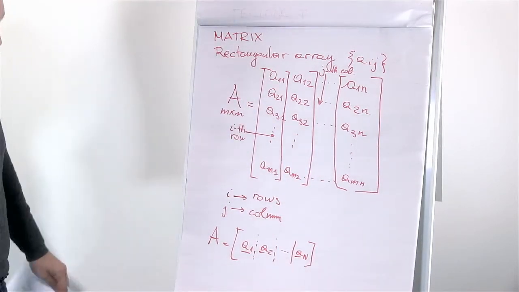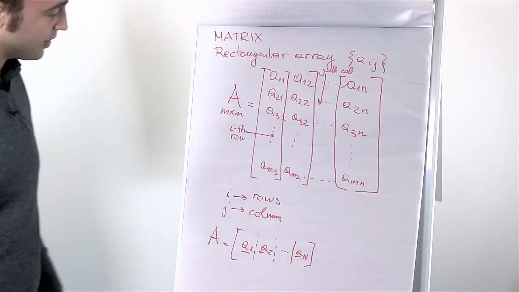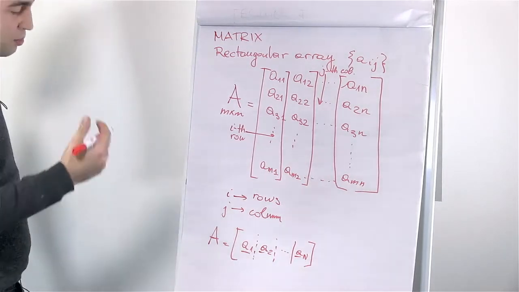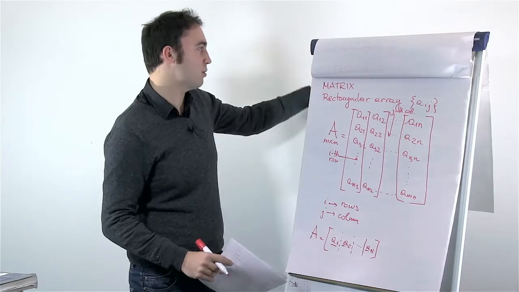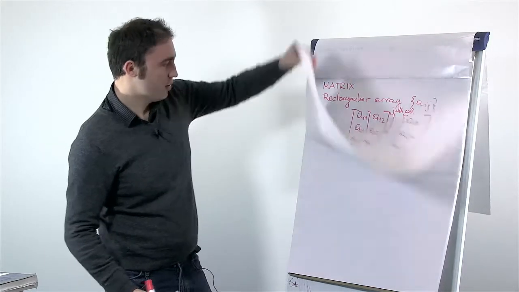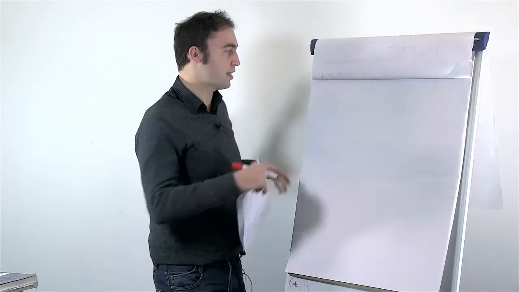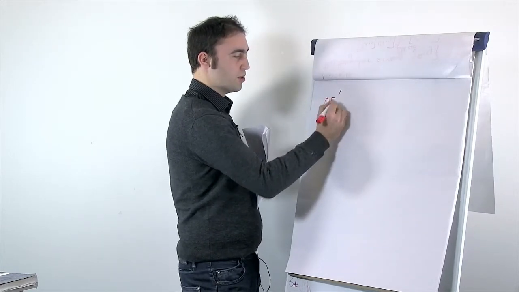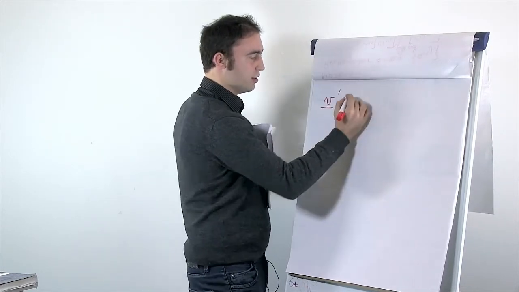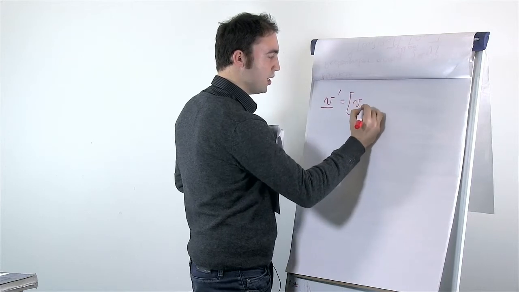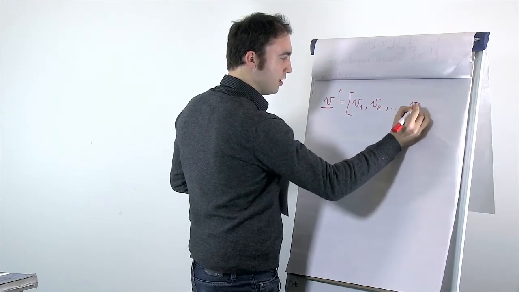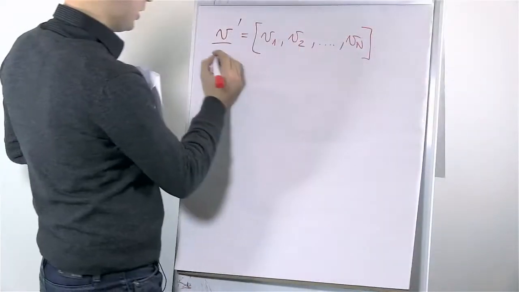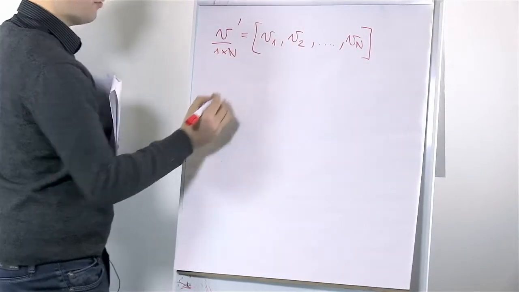Or we can say that it is a composition of row vectors. What is a row vector? A row vector is indicated with v transpose and is done by v1, v2, up to vn, and this is a 1 by n vector.